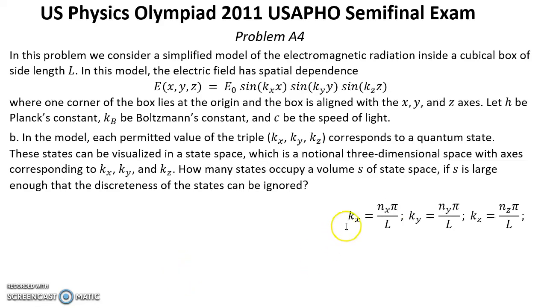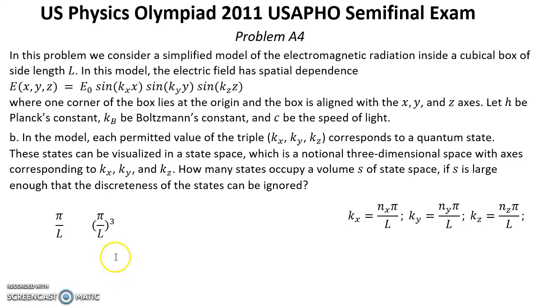So far we can see that kx, ky, and kz could have special values like this one. We can divide our three-dimensional abstract space corresponding to these kx, ky, and kz axes, and this space could be split into unit volumes with a distance pi over L apart.